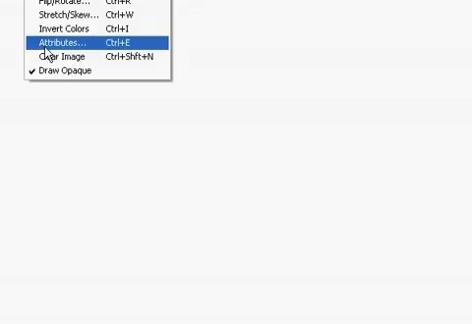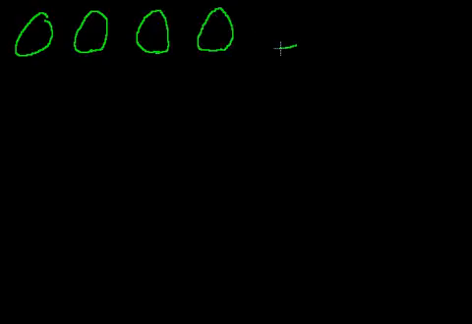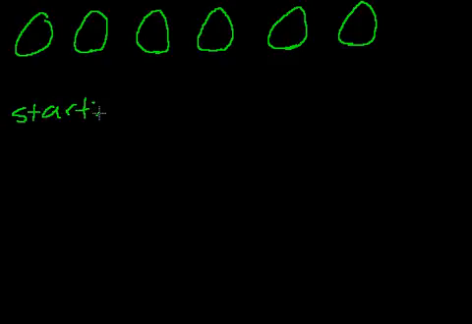Maybe I'll go back to avocados because they're easier to draw than bananas. So let's say I were to start with 6 avocados. How many is that? 1, 2, 3, 4, 5, 6 avocados.